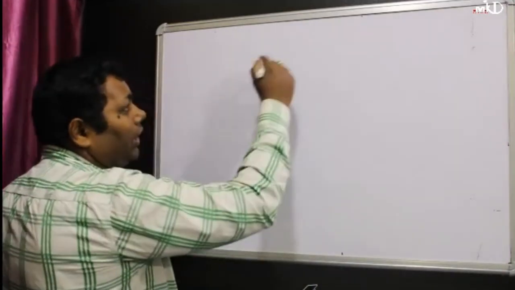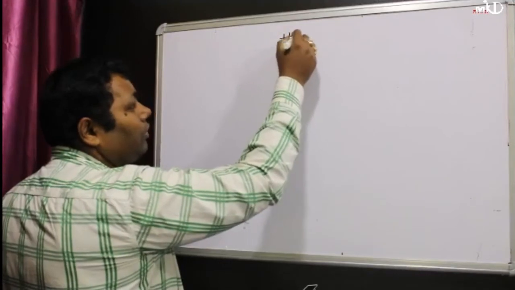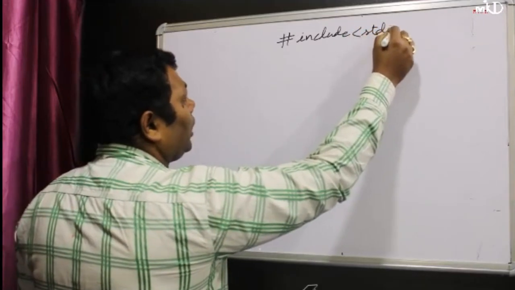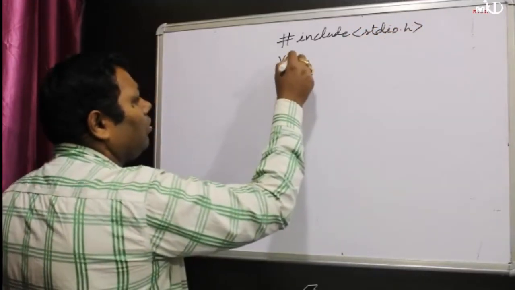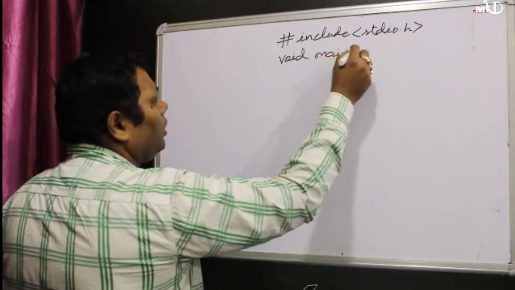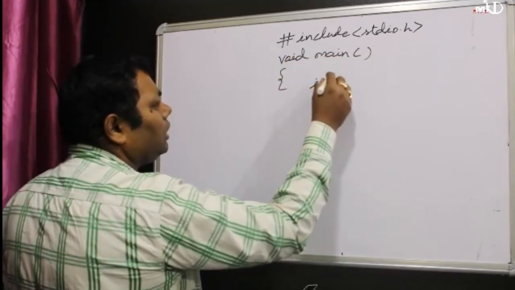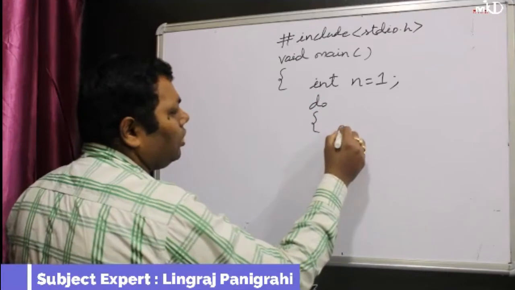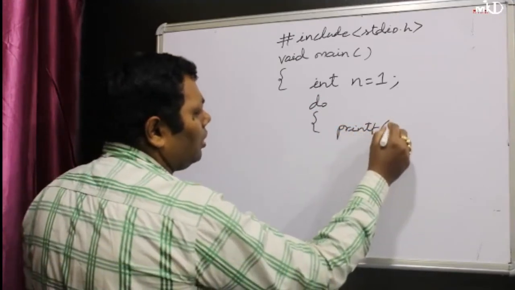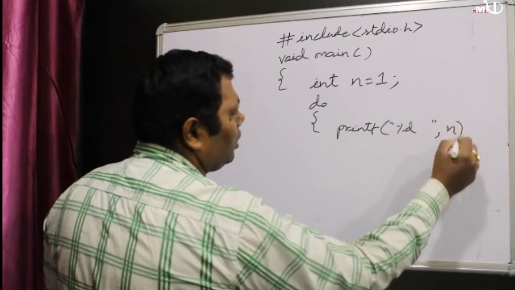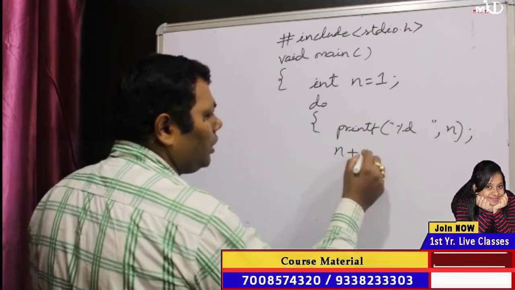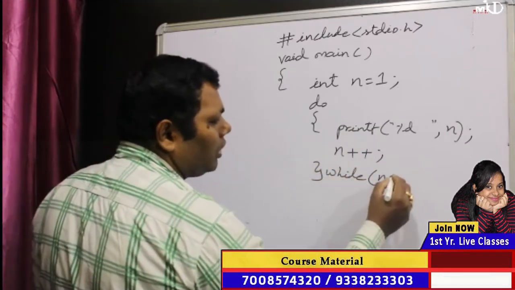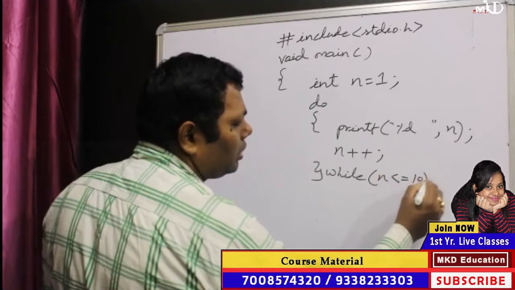Okay, so let us take an example. The same program I write using do while, that is, print 1 to 10. #include <stdio.h>, void main, open curly braces, int n, which is initialized to 1, do, print the value of n, then increase the n value by 1, close the curly braces, then check the condition: while n is less than or equal to 10.